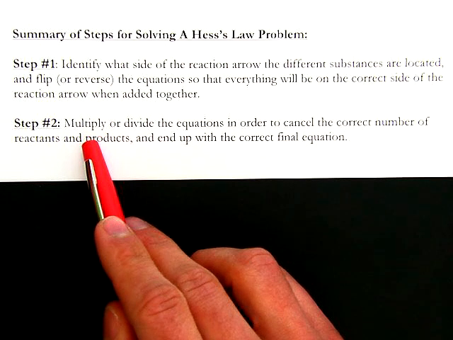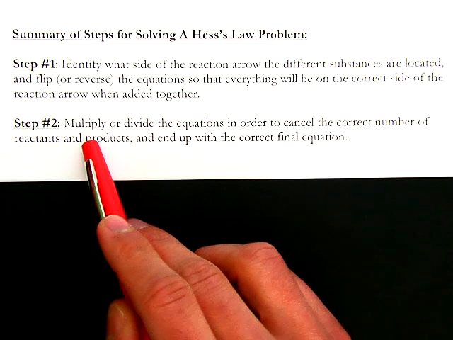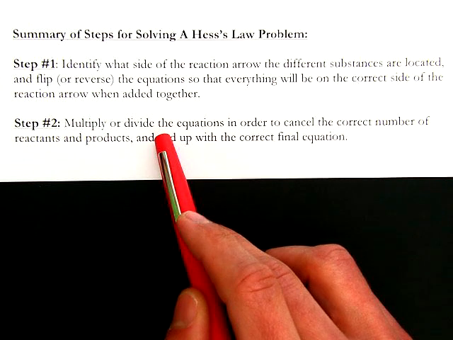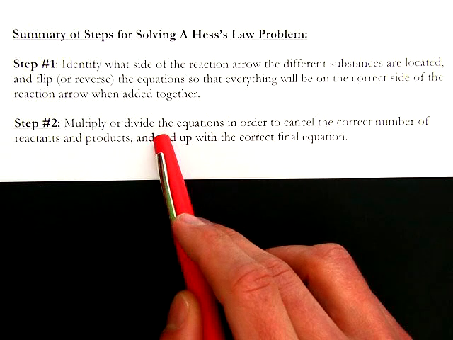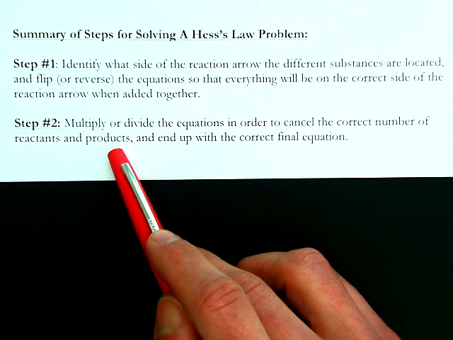You then need to make sure that you're going to end up with the right number of each type of reactant and product. So you either need to multiply the equations or divide the equations by some factor or quotient in order to get the correct number of reactants or products and in order to cancel things correctly.